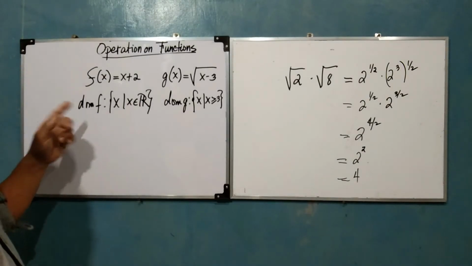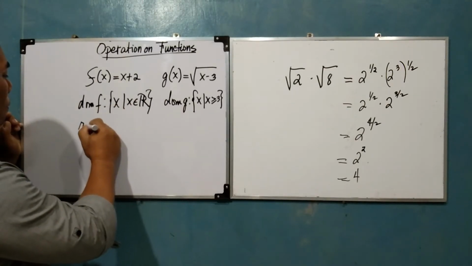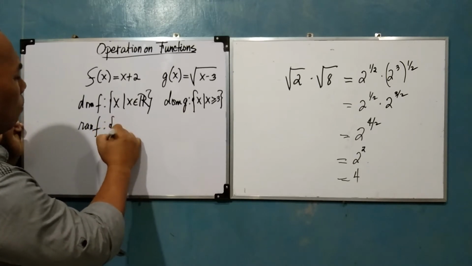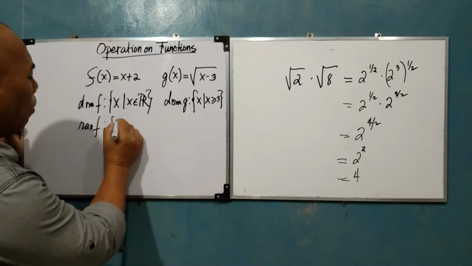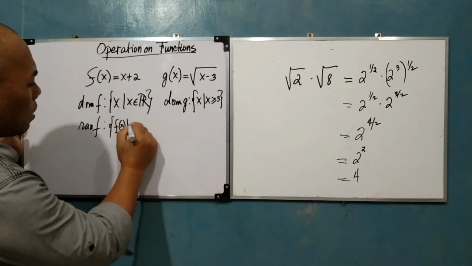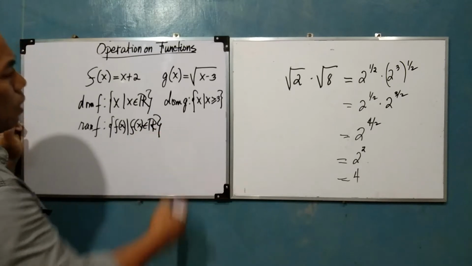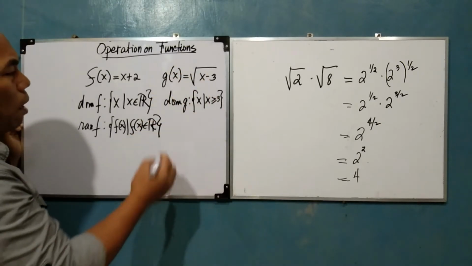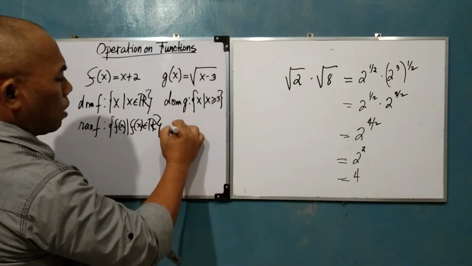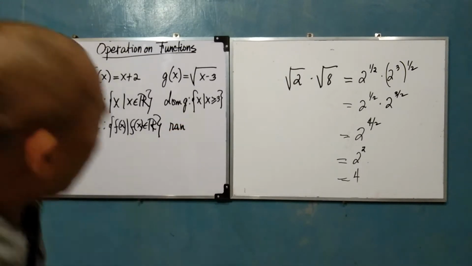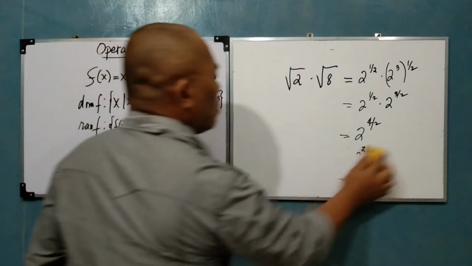Now, for the range in function f, it is simply the set of all real numbers, the set of all f of x, such that f of x is in the set of real numbers. What about in function g? What is our range here?